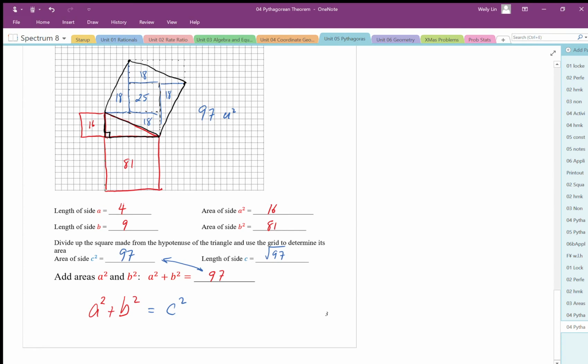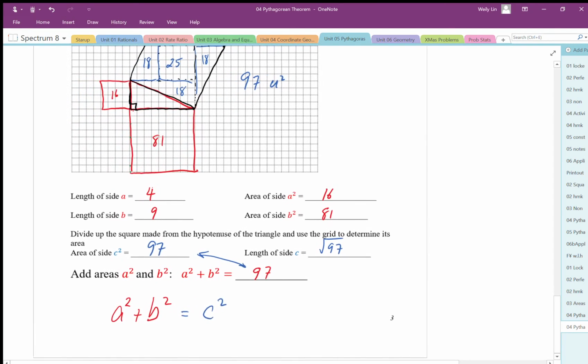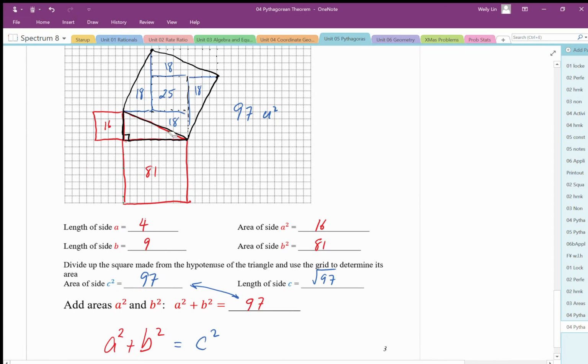So we're going to start using this calculation to help us with these areas. We can find these areas, but more importantly, we can use these areas to find these three side lengths. Now we still need a square root to go from area to side length. But this now allows us to find the lengths of these sides, in particular the length of this diagonal line, which is not a very easy number to get.